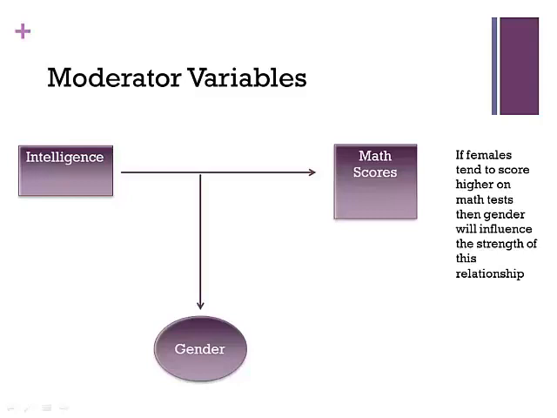So this additional variable of gender makes that relationship stronger. That would be a moderating variable. The relationship exists. It doesn't exist because of this variable, but this variable makes the relationship stronger or weaker. So that would be an example of a moderator variable.